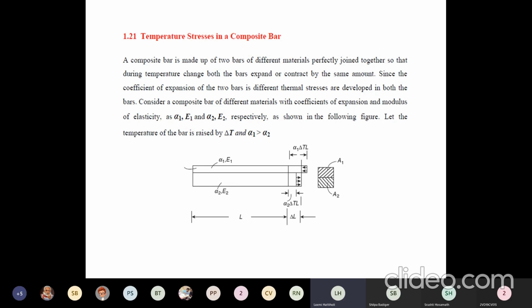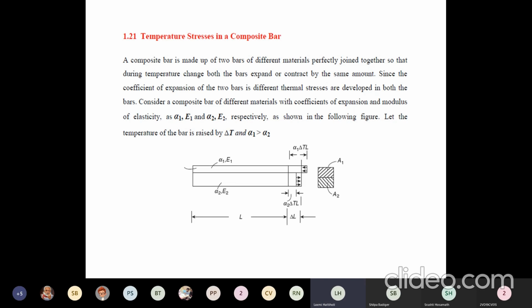So let's check out temperature stresses in the composite bar. You can apply the same procedures as in the previous class. The only difference is that here you have two materials; in the previous session you had only one. A composite bar is made up of two bars of different material, preferably joined together, so that during temperature change, both the bars expand or contract by the same amount.